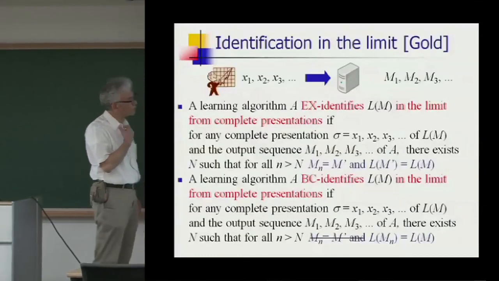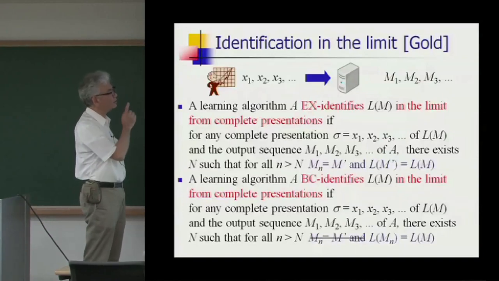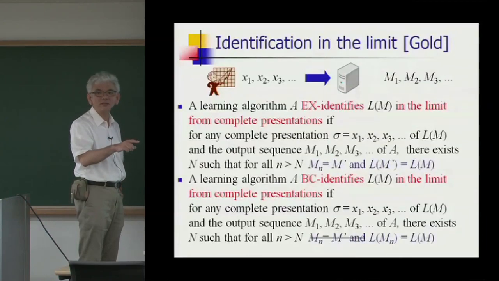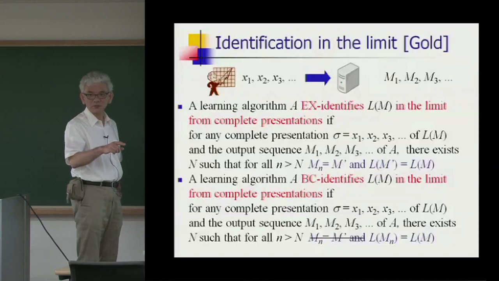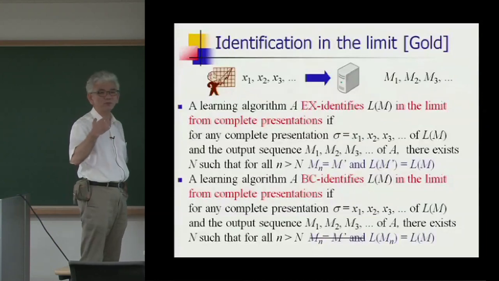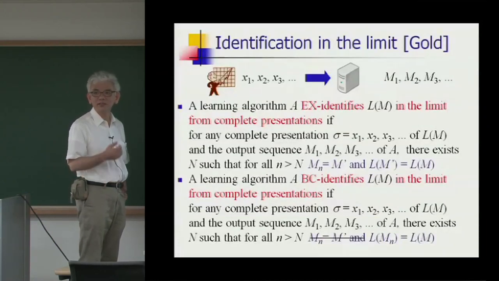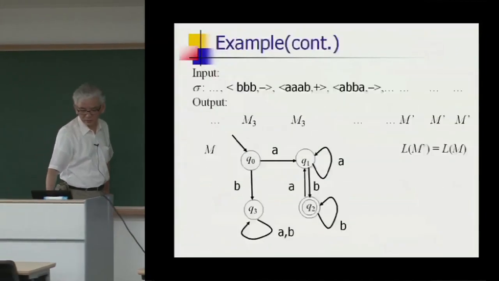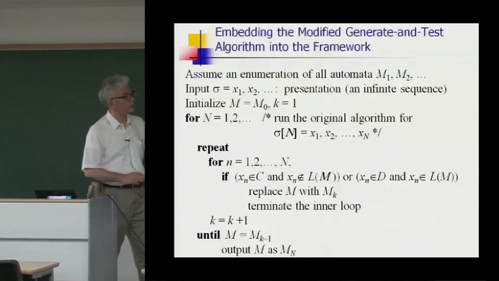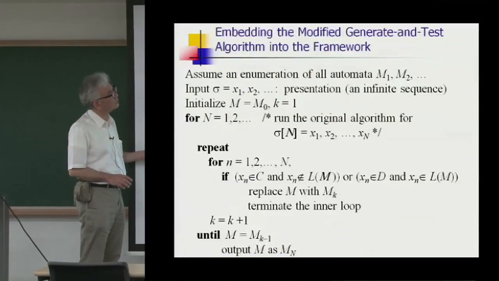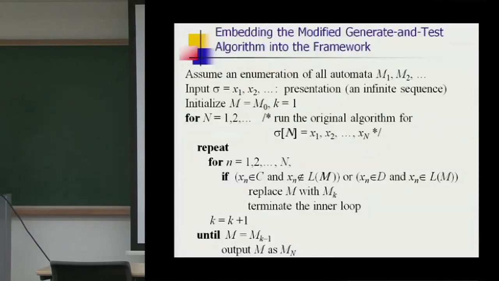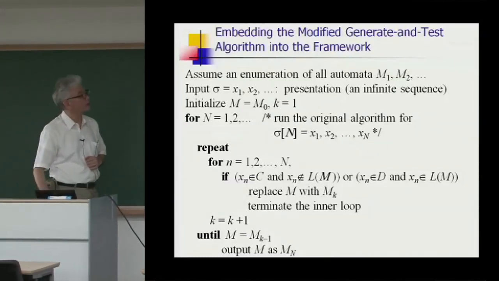So this is a very tiny point, but the definition is so complicated. But the intuitive meaning is that the algorithm must converge to the correct unknown automaton, just by being given the complete presentation of data. So in such a sense, this generate and test framework has a very good property as a learning algorithm.